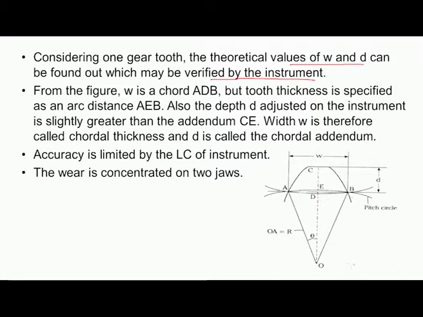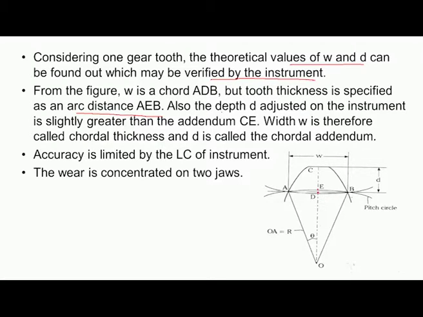W is equal to AdB, but this W is a chord, whereas tooth thickness is specified as an arc distance AEB. So, we have A, we have E here, we have B. AEB is an arc on the pitch circle. The tooth thickness is specified as an arc distance AEB.